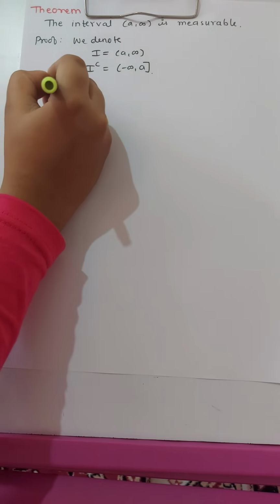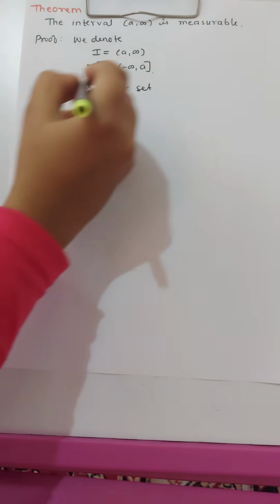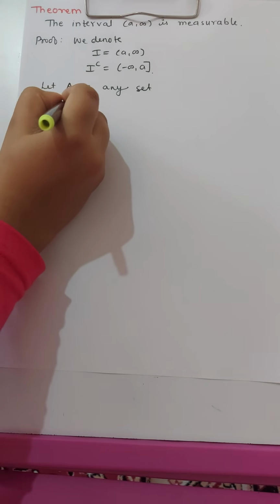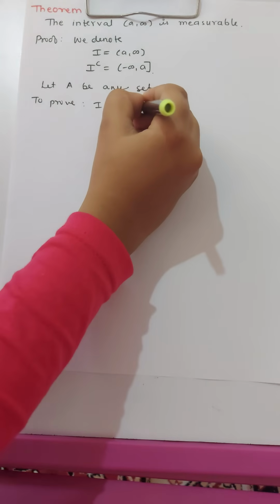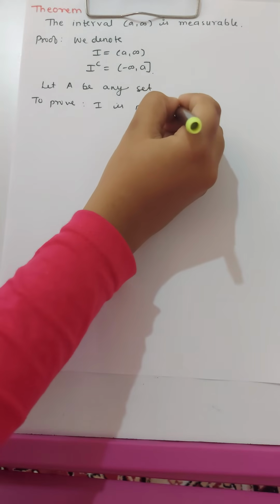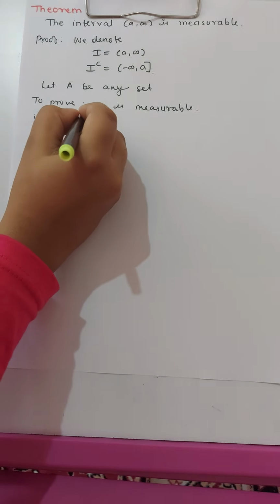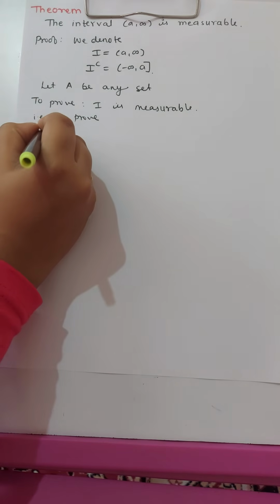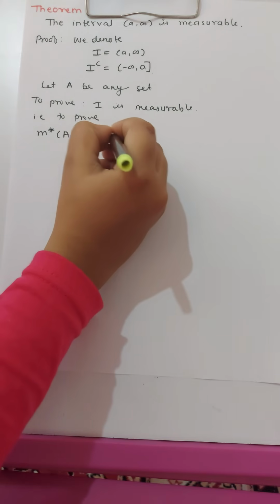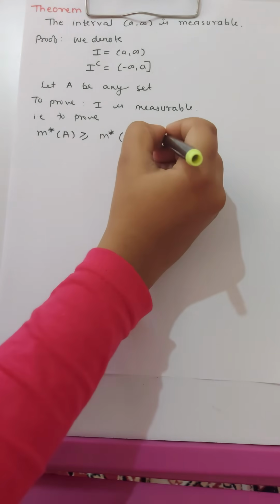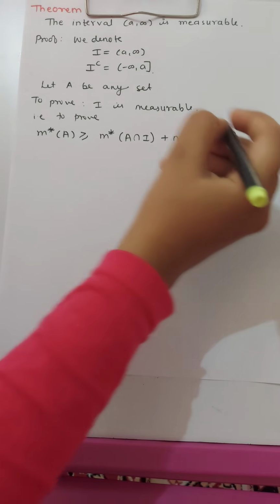Now let A be any set, and we have to prove that this interval I is measurable. That is, by definition of a measurable set, we have to prove that outer measure of A is greater than or equal to outer measure of A intersection I plus outer measure of A intersection I complement.